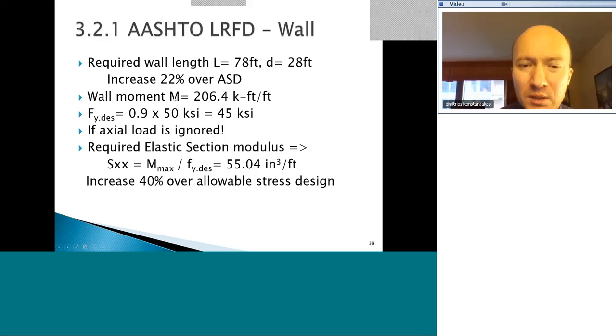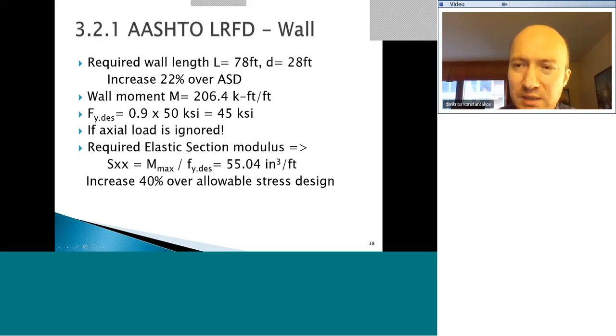Our wall moment goes to 206. Now, because it's an ultimate design, we have a phi of 0.9, so our allowable is 45 ksi, much closer to the 355 megapascal, almost let's say like 300 megapascal allowable, our actual design strength. We're ignoring the axial load to keep this simple.